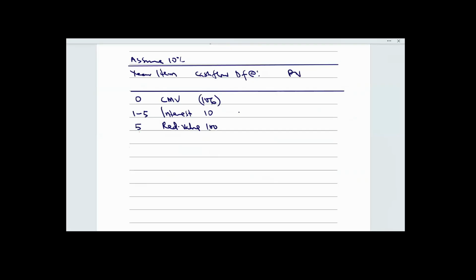So I will then, of course, need to determine the discount factor at 10%. So I will then come here at 10%. Let me complete my table first.